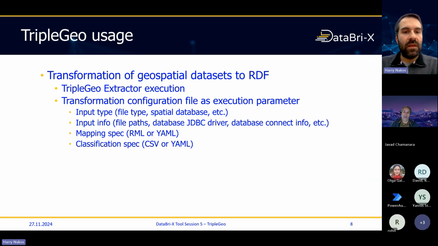RML is very expressive, but the YAML spec is easier to use and define. We'll see an example of the latter one. And regarding the classification spec, a CSV file or a YAML file may be used. We'll see an example of that also.